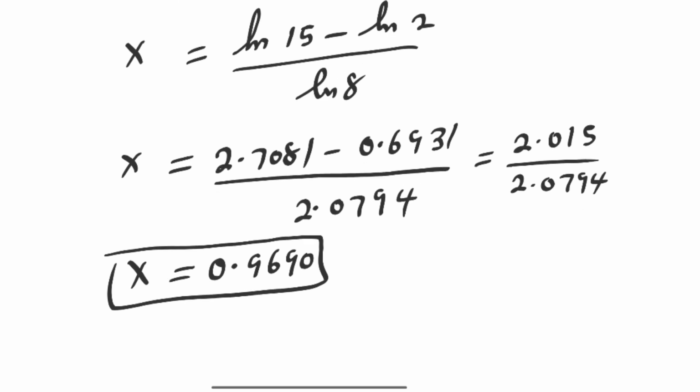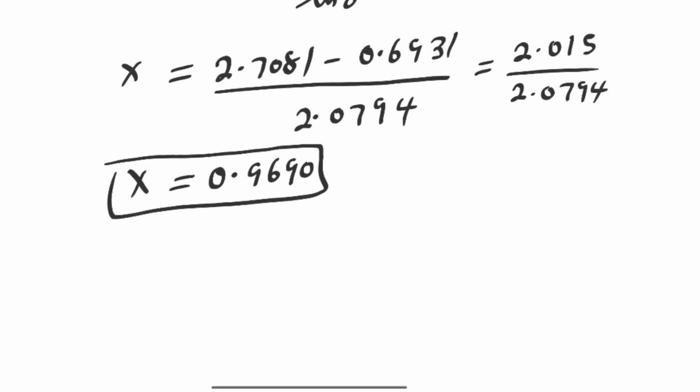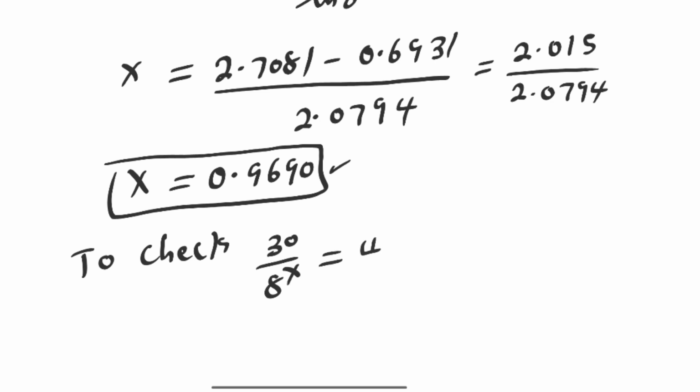Then let us check to confirm if this answer is right or wrong. To check, we have the given equation, which is 30 over 8 raised to power s is equal to 4. And this is the same thing as 8 raised to power s is equal to 15 over 2.